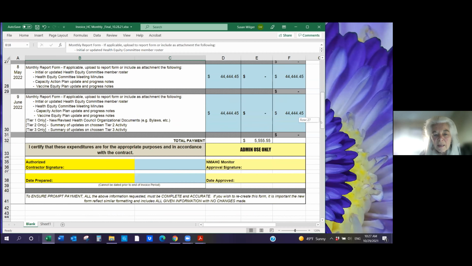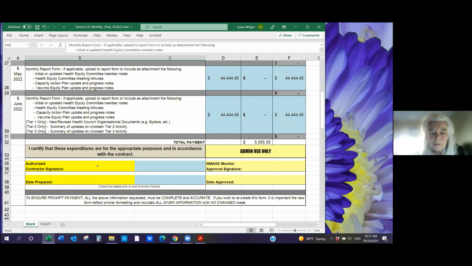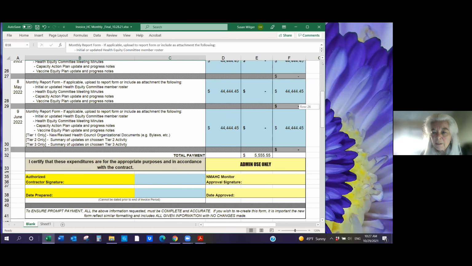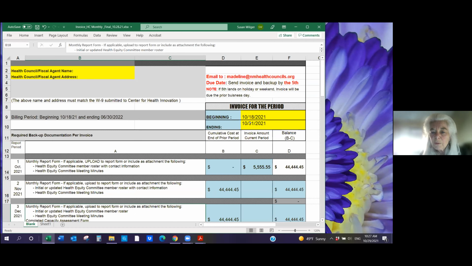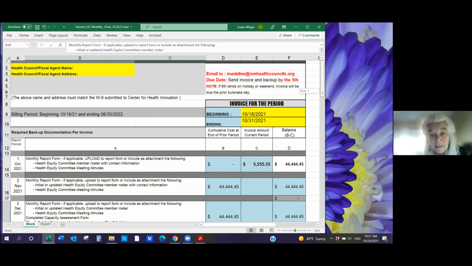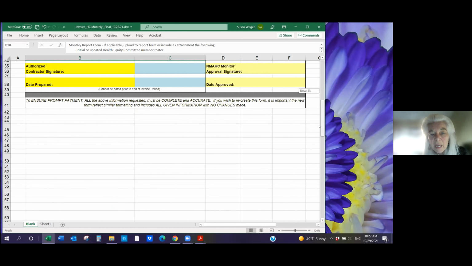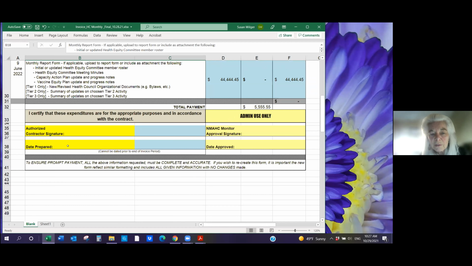The other things that Madeline will look for before she can authorize is the contractor has to sign and date. And the date it's prepared should not be prior to the end of the report period. So if you date your invoice October 28th, Madeline is going to send that back because it shouldn't be prior to the end of your reporting period.